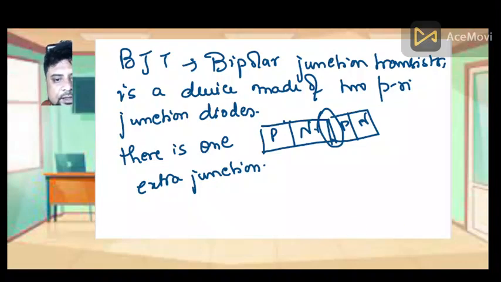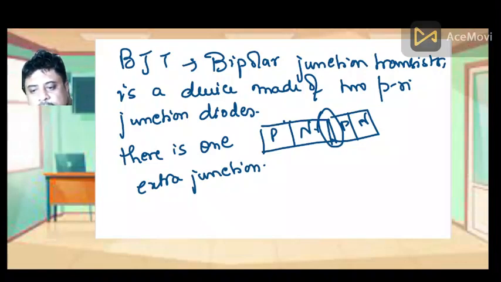I am providing the diagram here. This type of diagram is available in several books. I am using the book Schuler and Charles, Electronic Devices and Applications, because the diagrams are very clear.